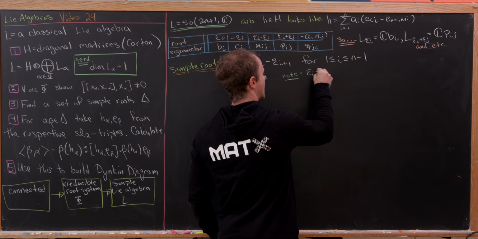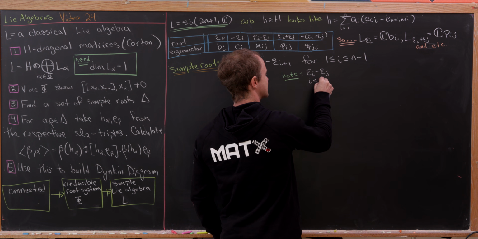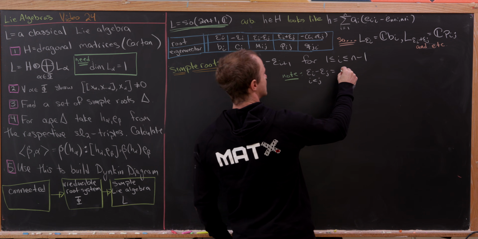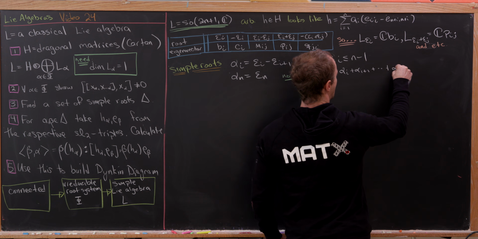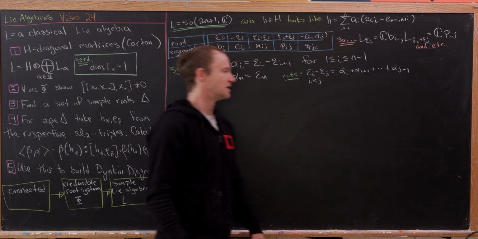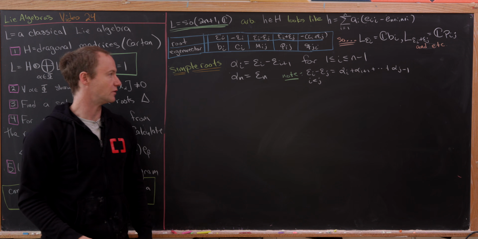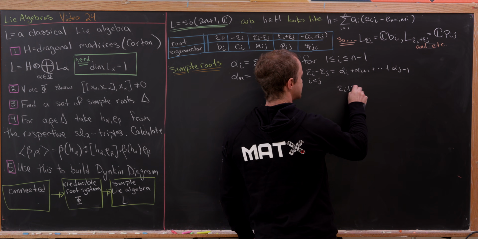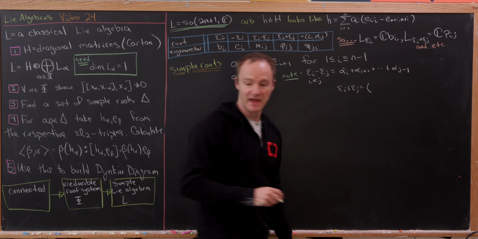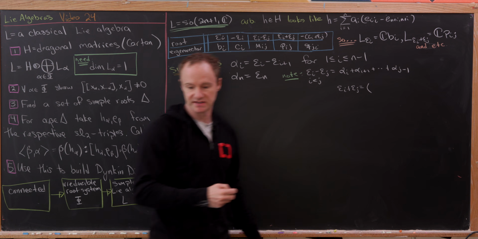So epsilon I minus epsilon j, if I is less than j, is simply alpha I plus 1, ending at alpha j minus 1. So it's that root string, if you will. And then epsilon I plus epsilon j is going to be something like this.